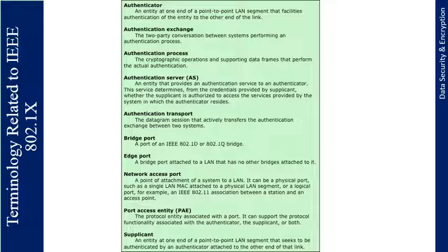Once the supplicant is authenticated and keys are provided, the authenticator can forward the data from the supplicant to the network, subject to the predefined access control limitations for the supplicant. Under these circumstances, the data channel is unblocked. So you can go through the number of definitions in this table.